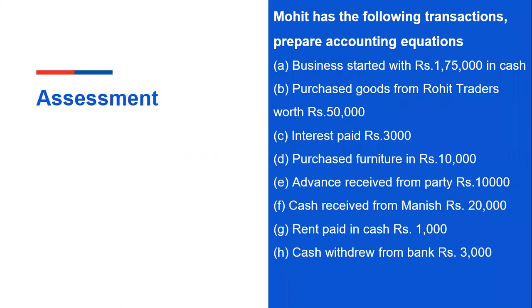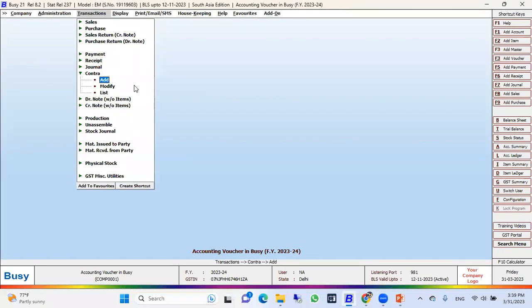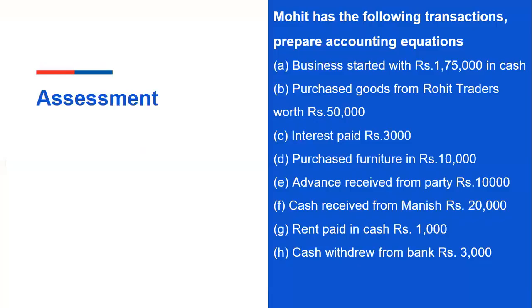Next, cash withdrawing from bank. So this transaction belongs to contra voucher, because debit and credit you have to select. Debit is also cash or bank, and credit is also cash or bank. So this is the contra voucher transaction, and we can go in contra, add. Now see, we are withdrawing cash, means cash is receiving in the business.